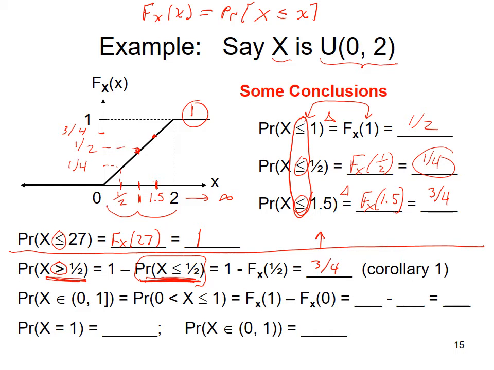It says, what's the probability x is in the interval from 0 to 1? Well, we could rephrase that as saying that's the probability x is between 0 and 1. Remember, this notation means don't include 0, do include 1. So that really means the probability x is strictly greater than 0, less than or equal to 1.